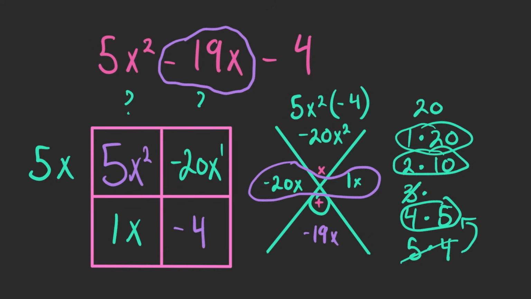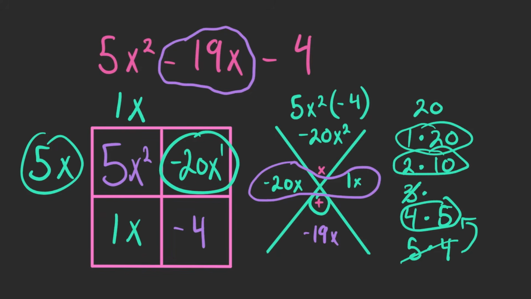What times 5x will give me 5x squared? That's going to be a 1x. And what times 5x will give me a negative 20x? That's going to be a negative 4, because negative 4 times 5 is negative 20. And you make sure you bring that x with it, because there's an x here.